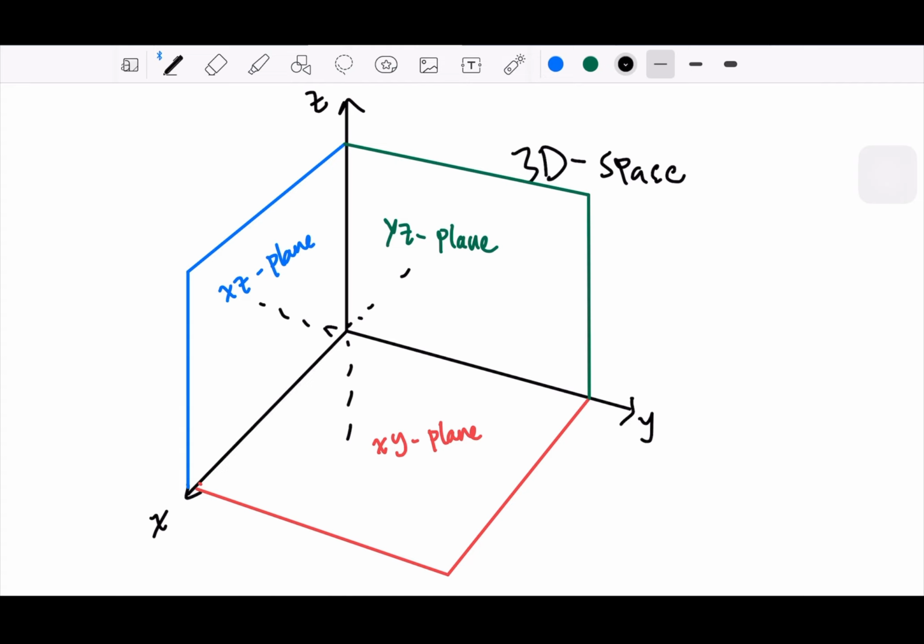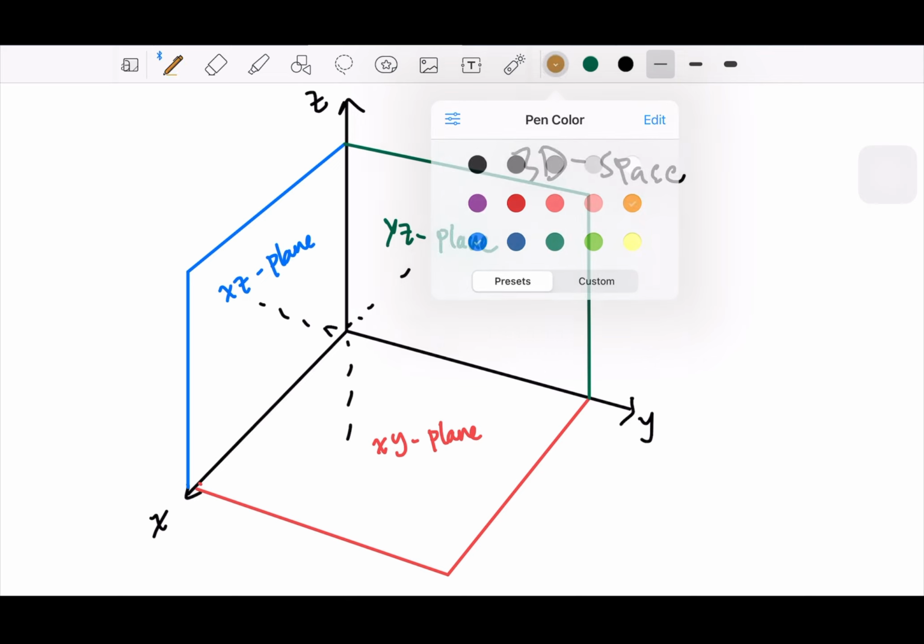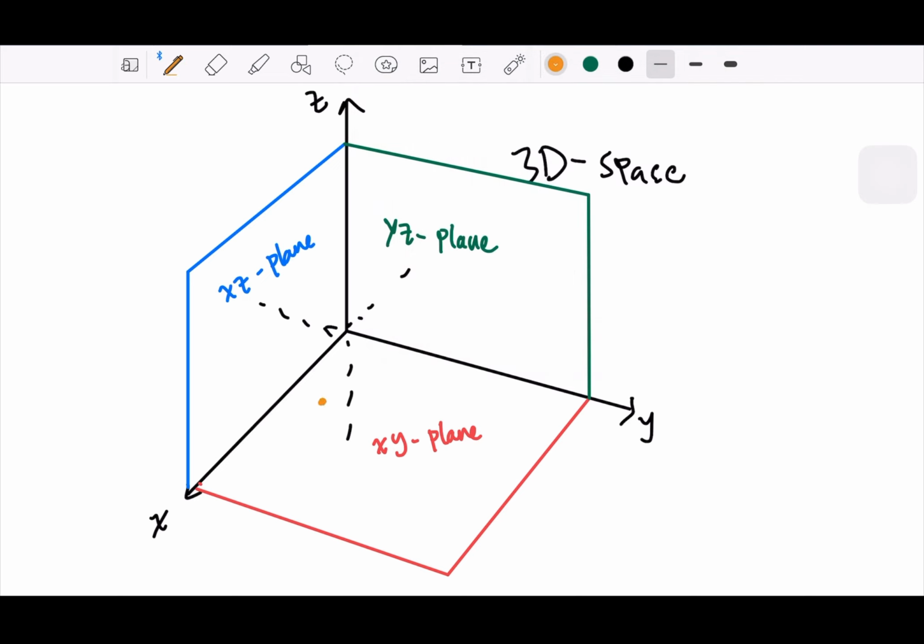So it's like a room, like you imagine in a room, right? And also we can imagine a point, for example, a point here. Maybe this is created from this.